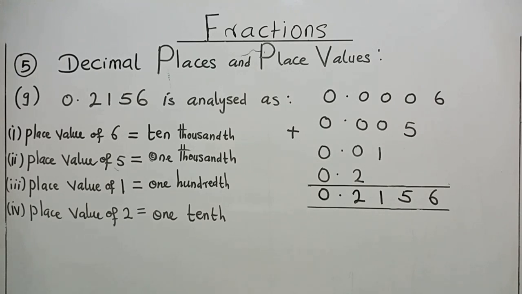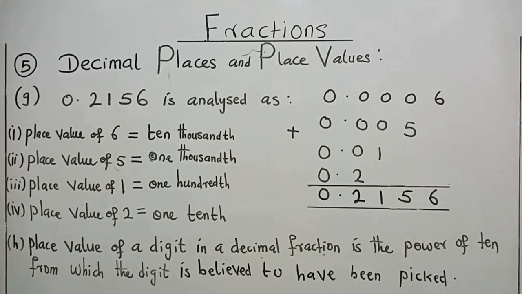And after that, you compare what you have seen on the screen with what you are thinking. Okay, based on what we have seen so far, this is possibly one of the ways we can define place value of a digit. So place value of a digit in a decimal fraction is the power of 10 from which the digit is believed to have been picked. I hope that this definition explains itself in view of the foregoing.